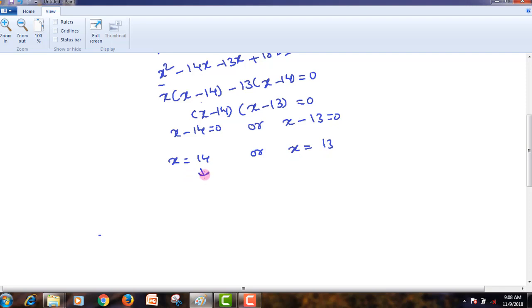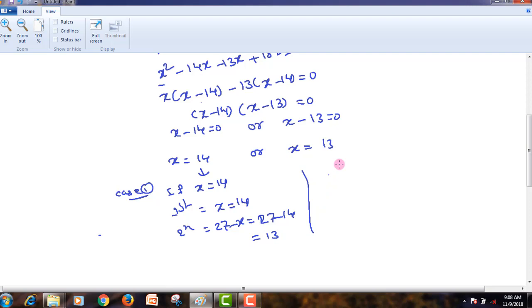If x is equal to 14, then what is the first number? X only, that is 14. Then the second number is 27 minus x, that is 27 minus 14, that is 13. In the same manner, if x is equal to 13, then the first number becomes 13 and the second number is 14. In both cases, you will get the same solutions.